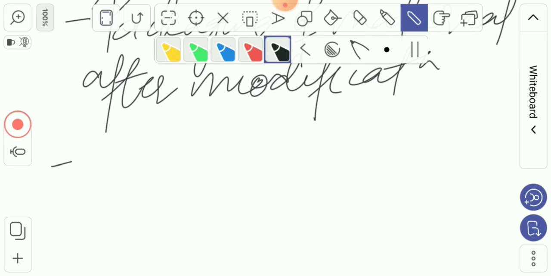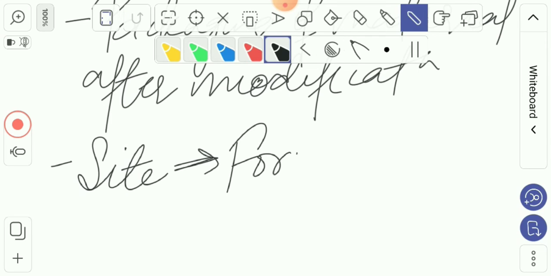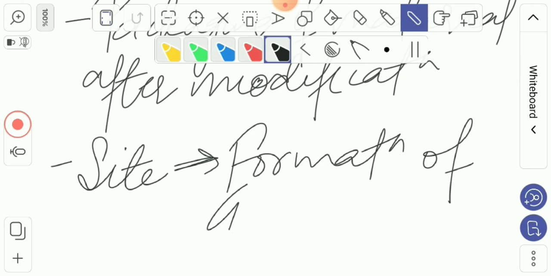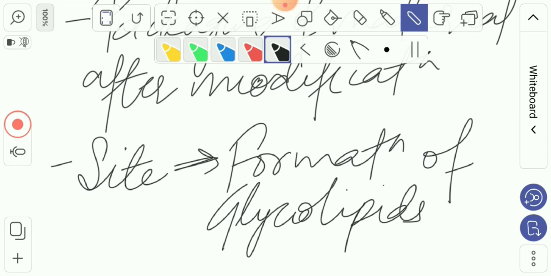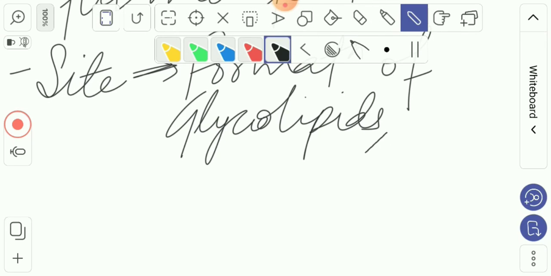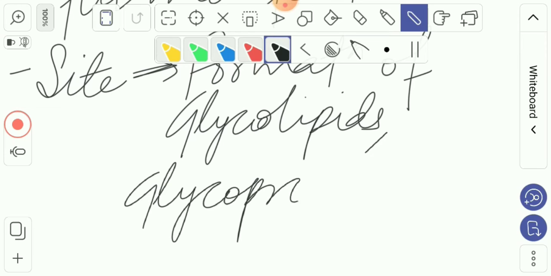What else? This is a major site for the formation of glycolipids as well as glycoproteins in the cell.